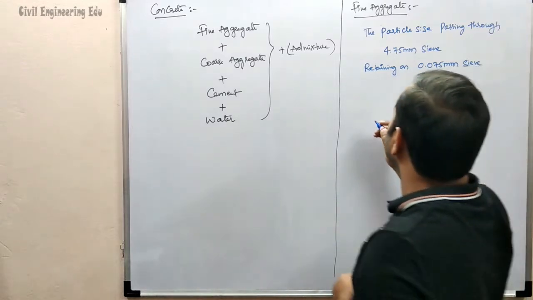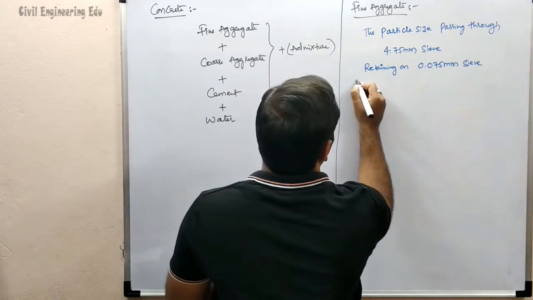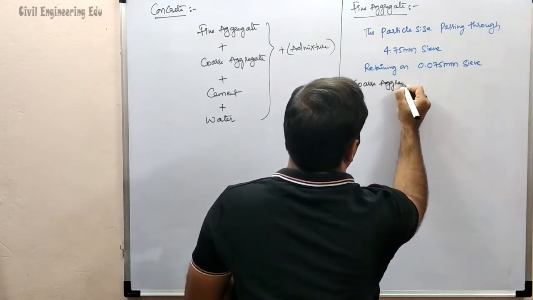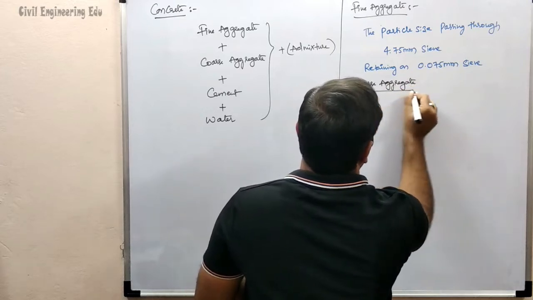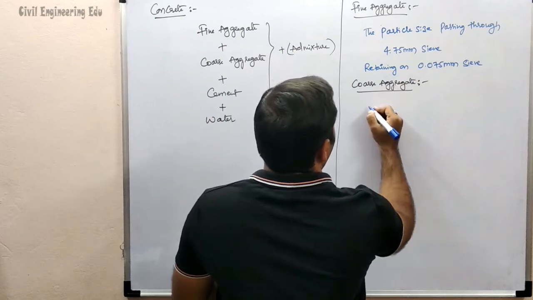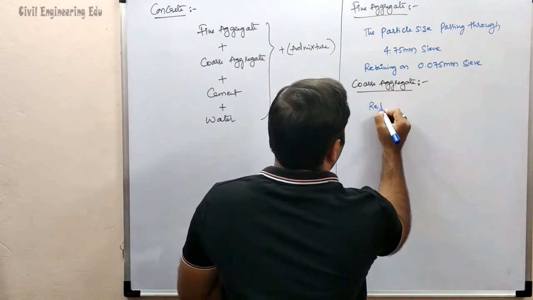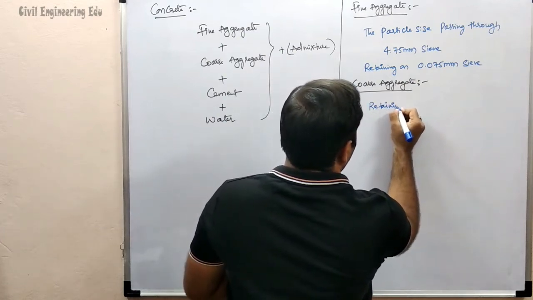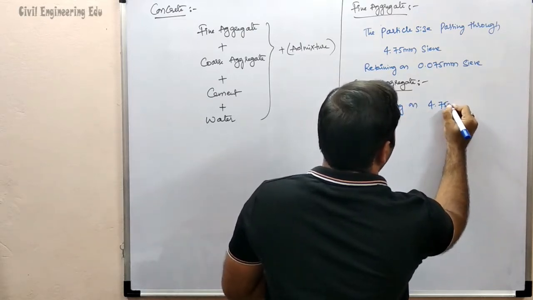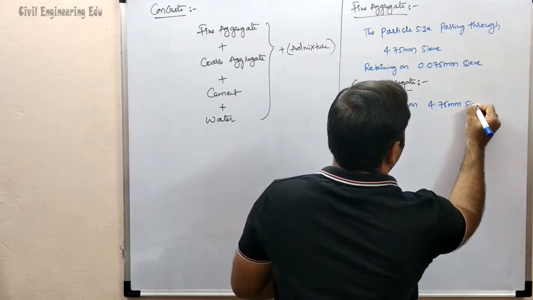So next one is coarse aggregate. So when coming to coarse aggregate, it is retaining on 4.75 mm sieve.